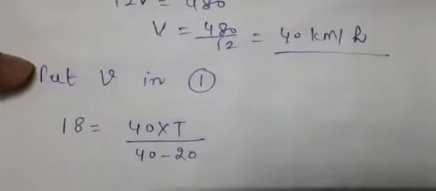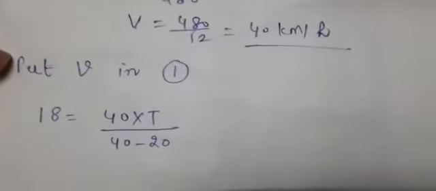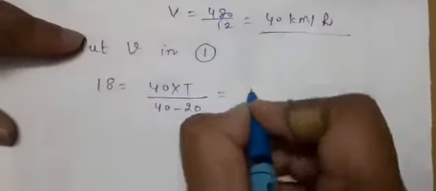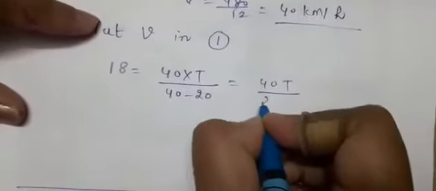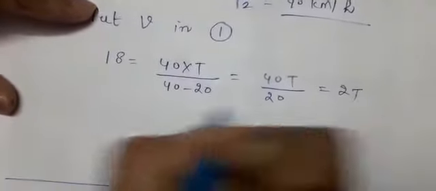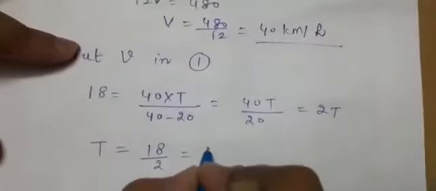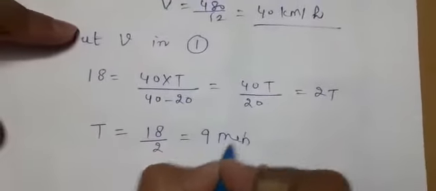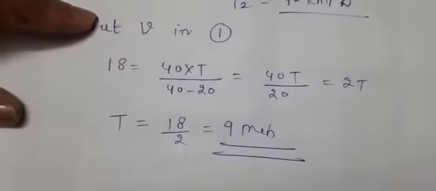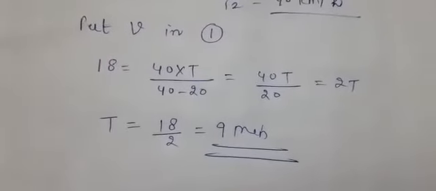I have put it in the first equation, you can put it in 3 or 4, it depends upon you. So 40 minus 20 is 20, and 40t over 20 is 2t. So from here directly you can come to know that the time comes out to be 9 minutes. So this is all in this numerical.